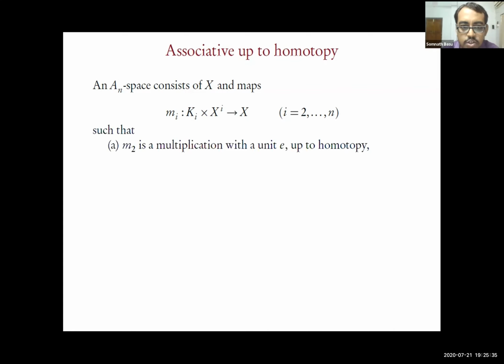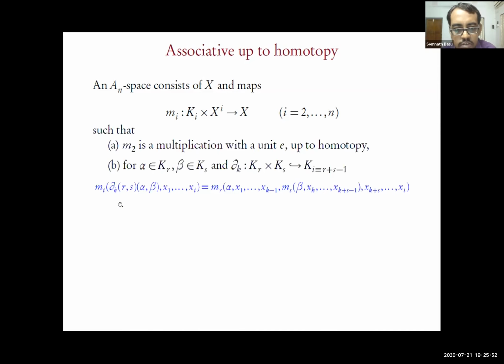The important thing is M2, the first map, is really a map from X cross X to X because K2 is a point. So M2 has to be a multiplication with a unit, but everything is up to homotopy. So the unit is up to homotopy. The multiplication is just a multiplication. And then there's a third condition which looks a bit obscure, but this is how it's presented in Stasheff. Because algebra is always typically bereft of pictures, but what this says is something very simple.